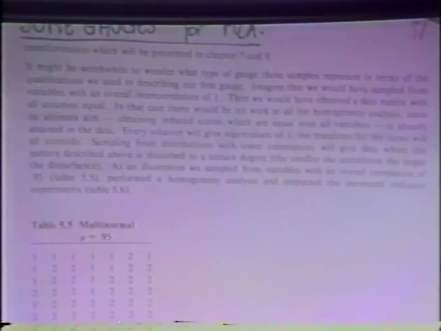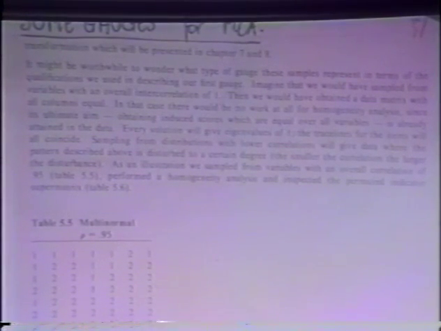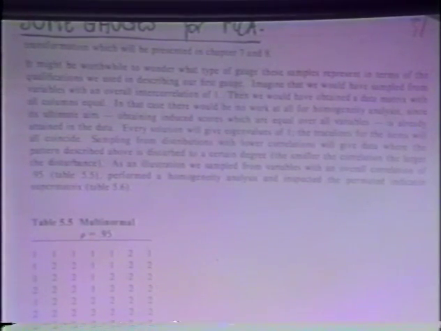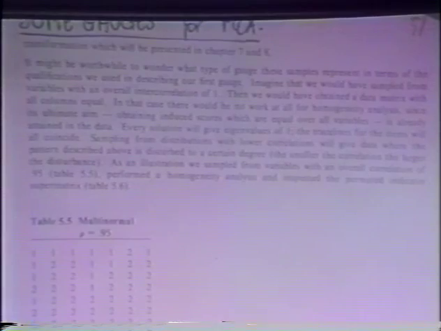All the correlations between the variables are equal to 0.95, and there are 7 variables. Of course, it's not directly a random sample from a multivariate normal distribution because there are integers there. So the observations were subsequently categorized into 5 categories. Now, this is what you get. This is such a data matrix you get by this operation.